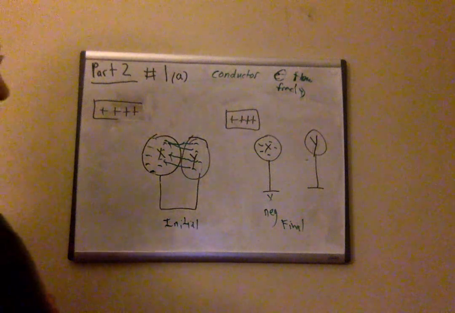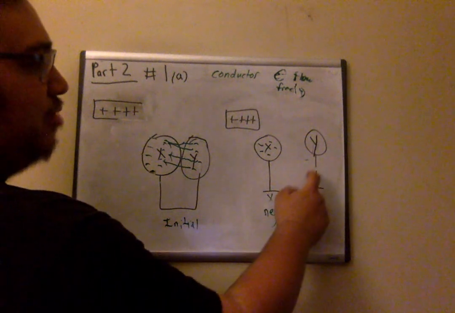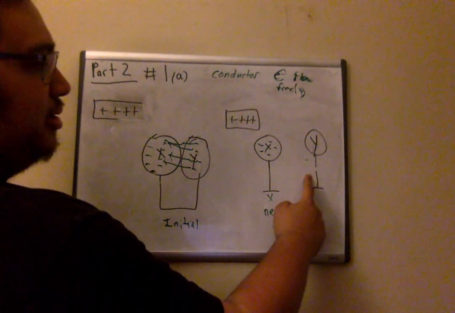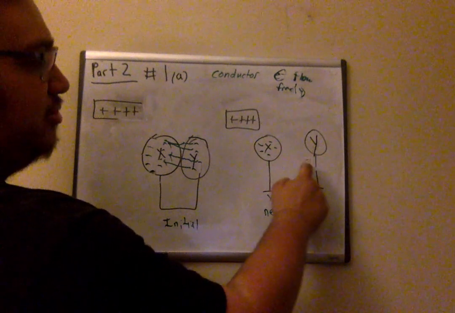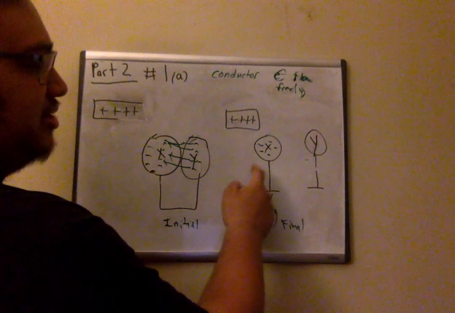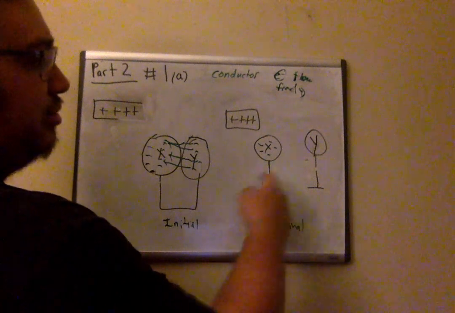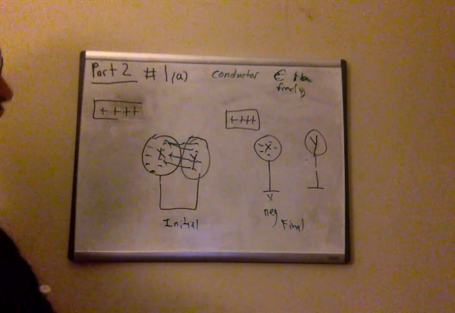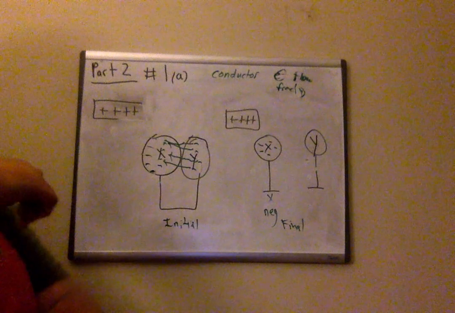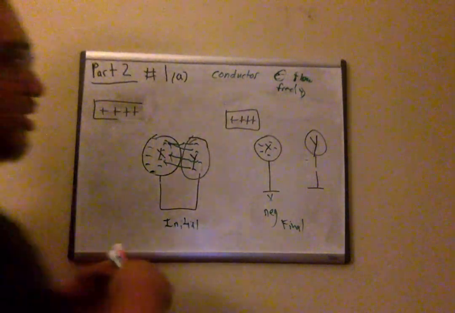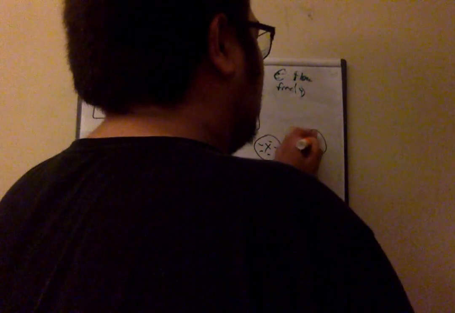But this ball was neutral before, and now some of its electrons moved onto here. Now it has fewer electrons than protons, and so now the charge on Y will be positive.